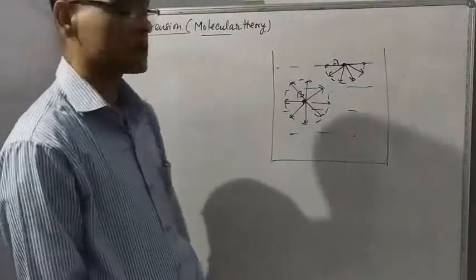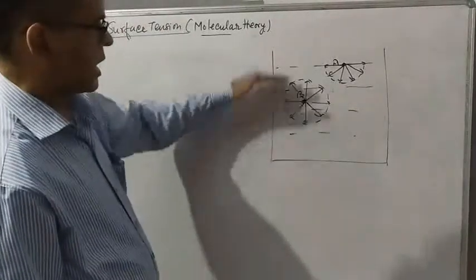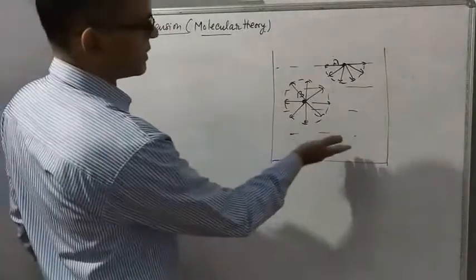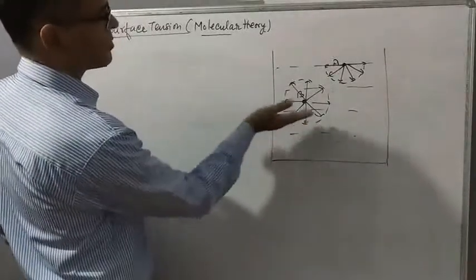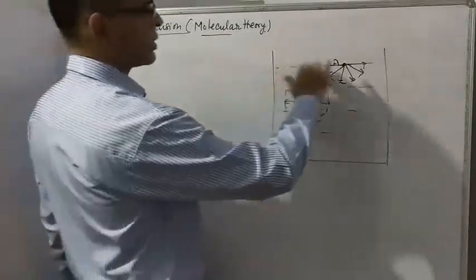Now let us understand surface tension. Suppose a liquid is taken in a container. You can divide this liquid into a large number of imaginary layers. Finally, you reach the top layer.